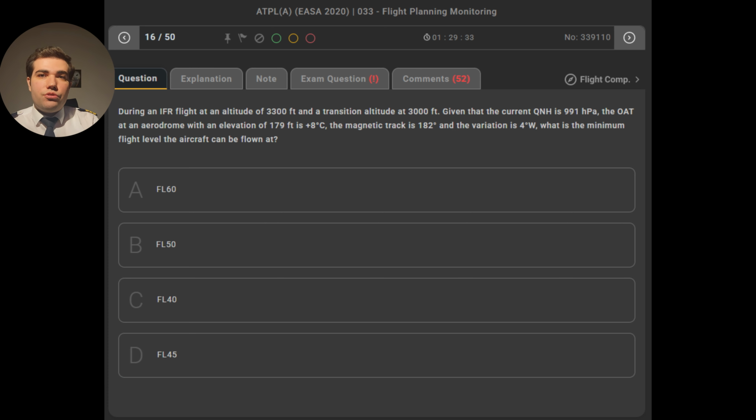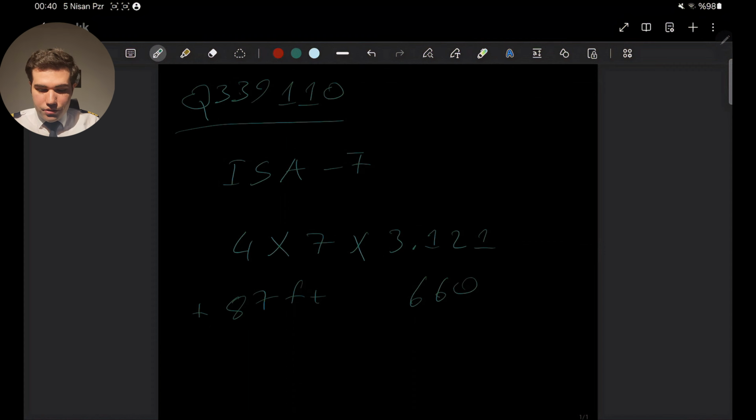We also have the QNH over here. Since we know the QNH on flight level is standard, it will be 1013 minus 991. In this question it didn't tell us, but we need to multiply it by 30, or sometimes it's 27, it depends on the question, but I always go with 30. So 22 times 30 will give us 660 feet of deviation.